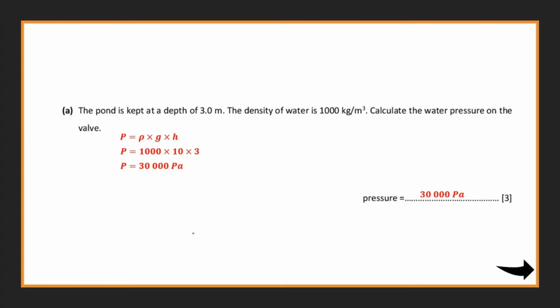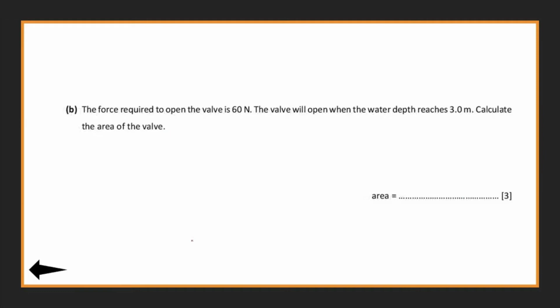Question number 10B. The force required to open the valve is 60 Newton. The valve will open when the water depth reaches 3 meters. Calculate the area of the valve. There is one other equation to calculate pressure. Pressure equals force over area.